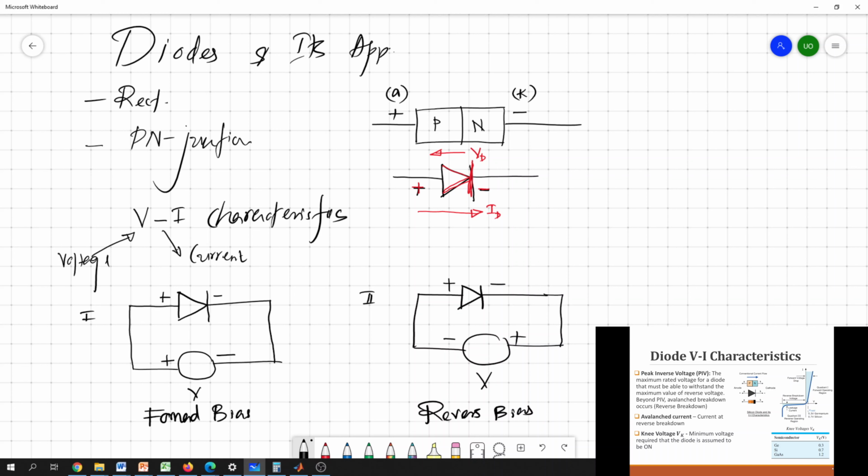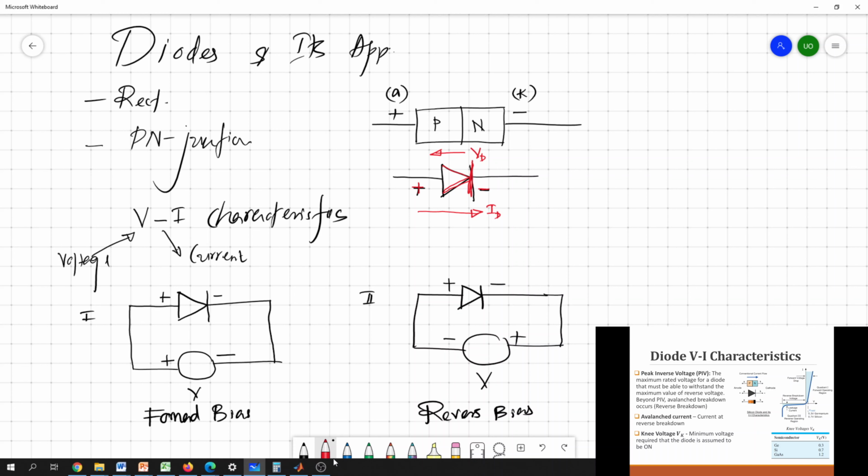So there are two ways of connecting the external source. One is you can connect the source to make this diode forward bias, and again you can connect the external source to make this diode reverse bias. The difference is that in one case we are connecting the external source to the diode plus to plus and minus to minus, and in the other plus to minus and minus to plus.